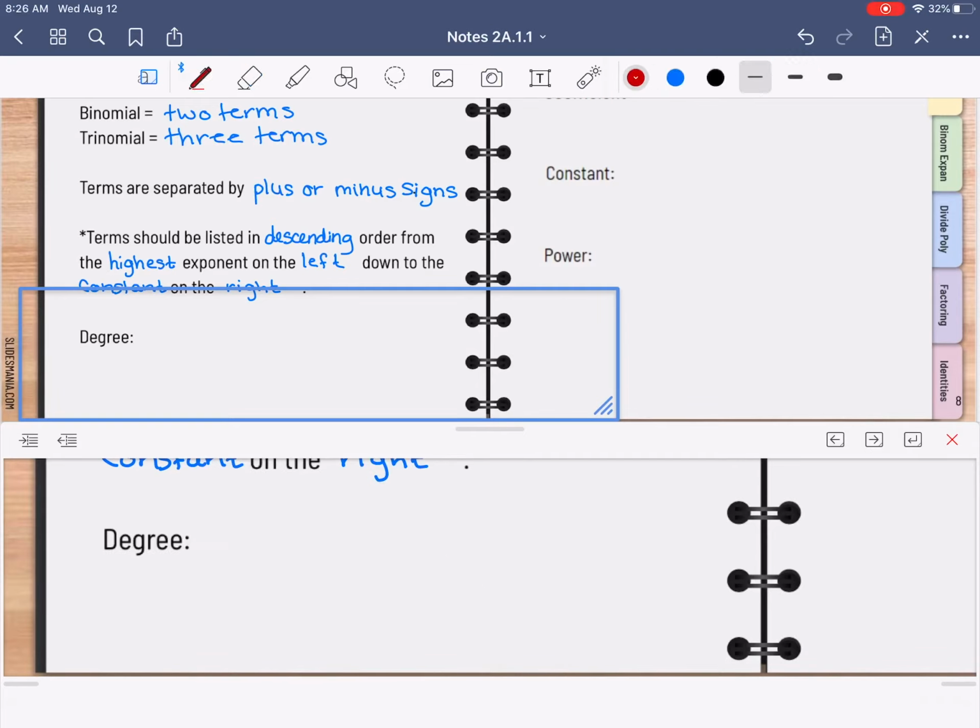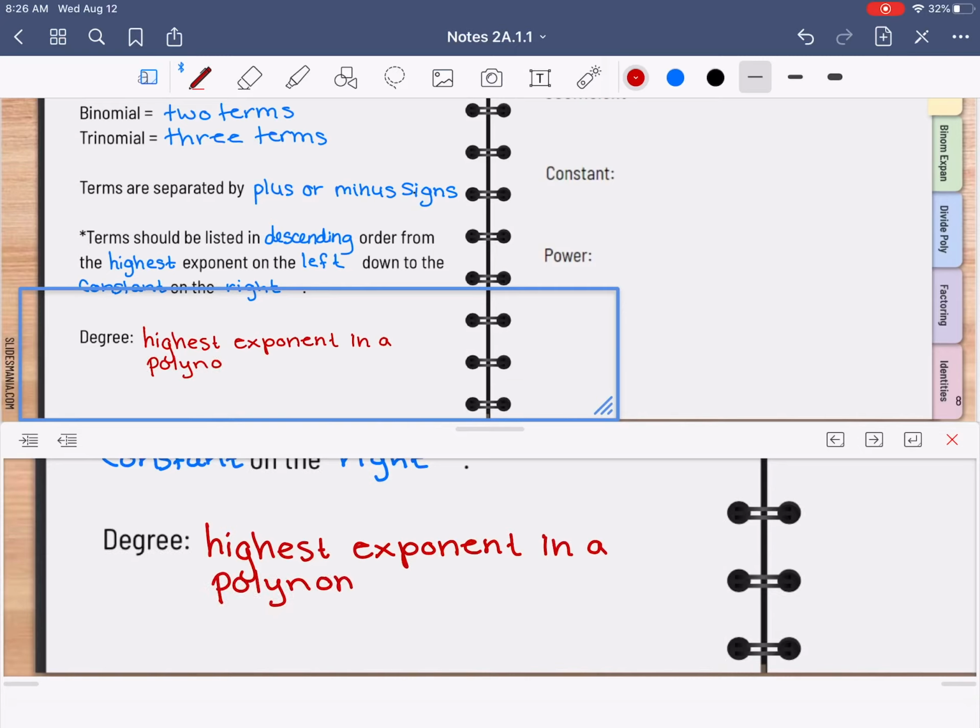Okay, so a degree, talking about the highest exponent on the left, the degree is just the highest exponent in a polynomial. As long as it's written in descending order, you'll just look at the first term and look at the exponent, and that is your degree.